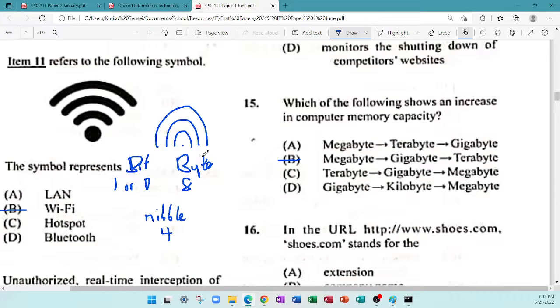So bit, nibble, byte, and then when you reach 1024 bytes, what do you get? Kilobytes. Good.